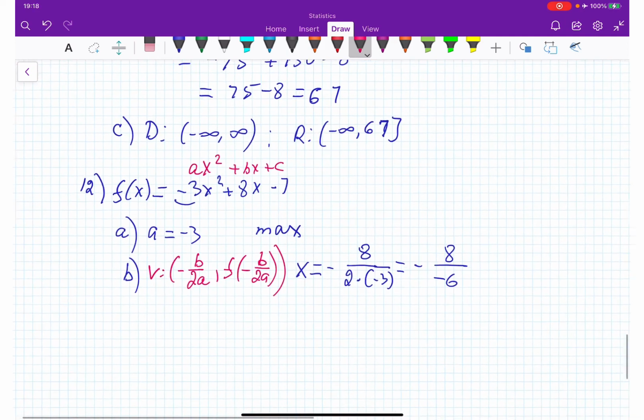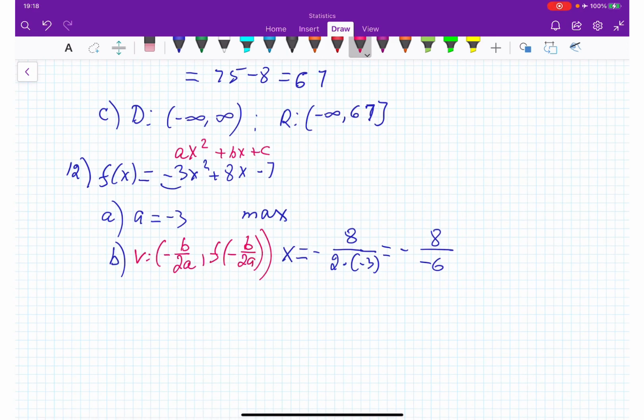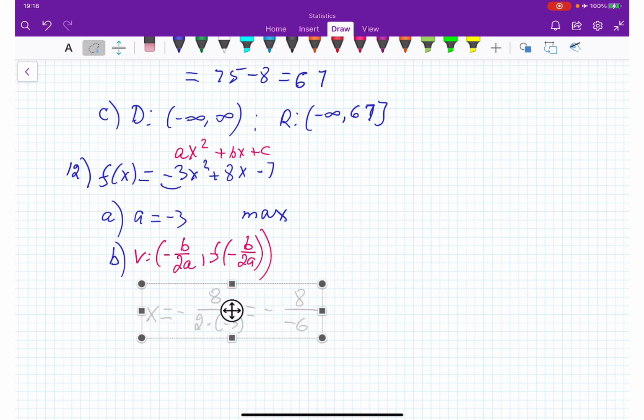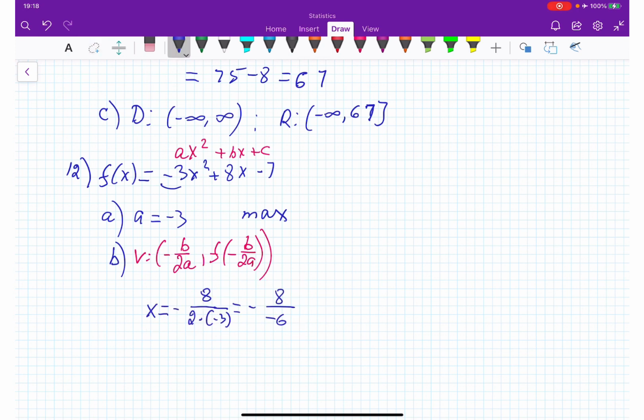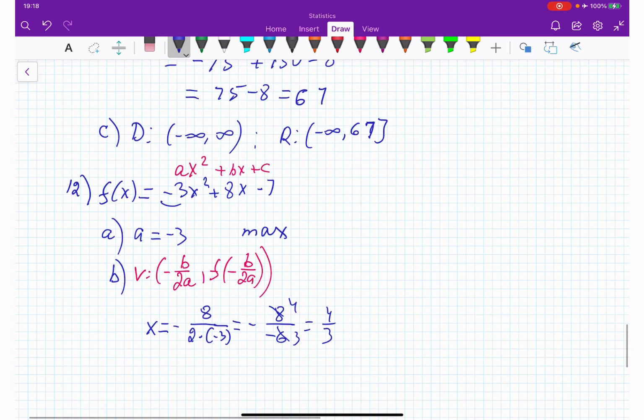Okay, and here we are getting x is going to be 4 over 3, 2 times... okay, I was wondering why I got a fraction.